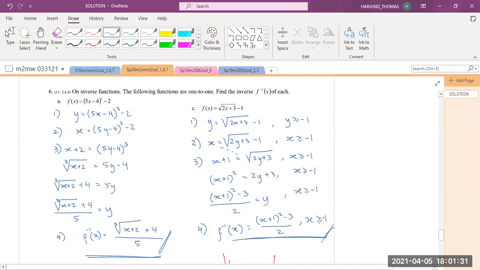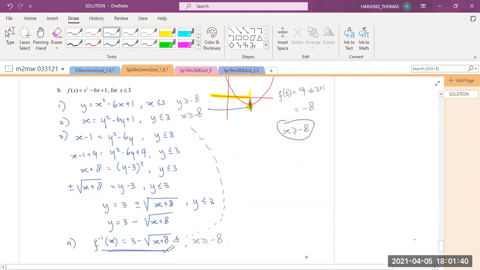Basically, once you're done with your inverse function, check 2 things. First one, is it a function? If the inverse is not a function, then take a look at the restriction. Second, you need to check if it is one-to-one.